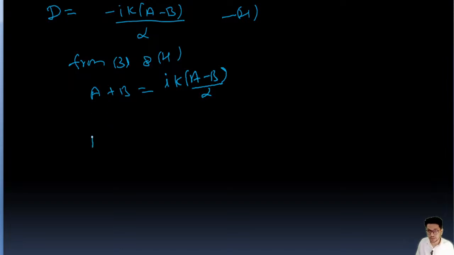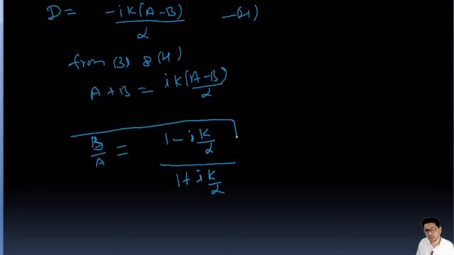If we solve it, it is going to give B upon A. The value of B upon A is going to be minus, no, it's not minus. So this is going to be 1 minus iota k upon alpha upon 1 plus iota k upon alpha. Very important formula, guys.